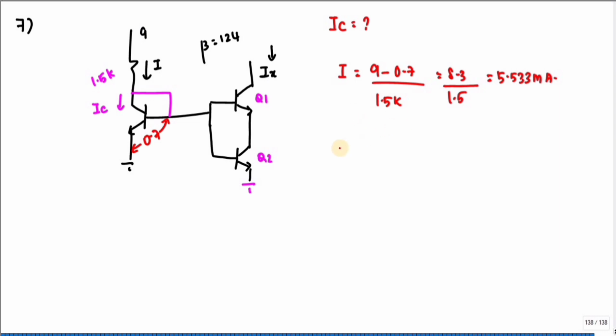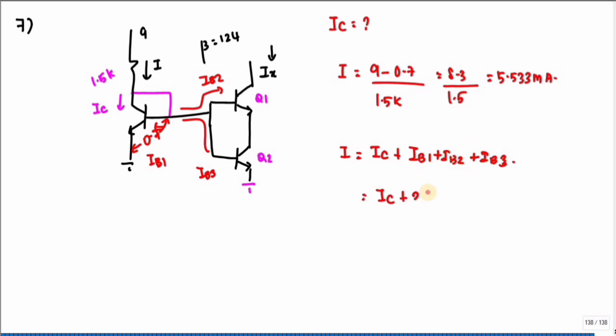Right. So that is equal to 5.533 milliamps. So you know that IA is equal to IC plus IB plus IB1 plus IB2 plus IB3. Right. So if IB1, IB2 and IB3 is equal to IB, so I can write IC plus 3IB. Okay.